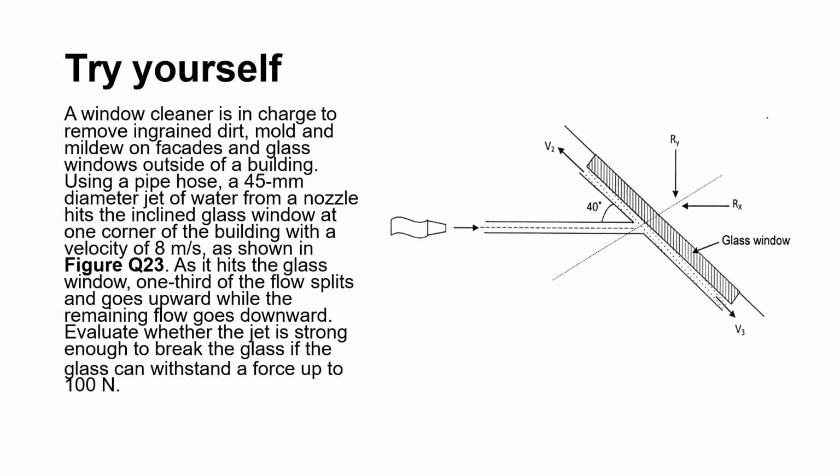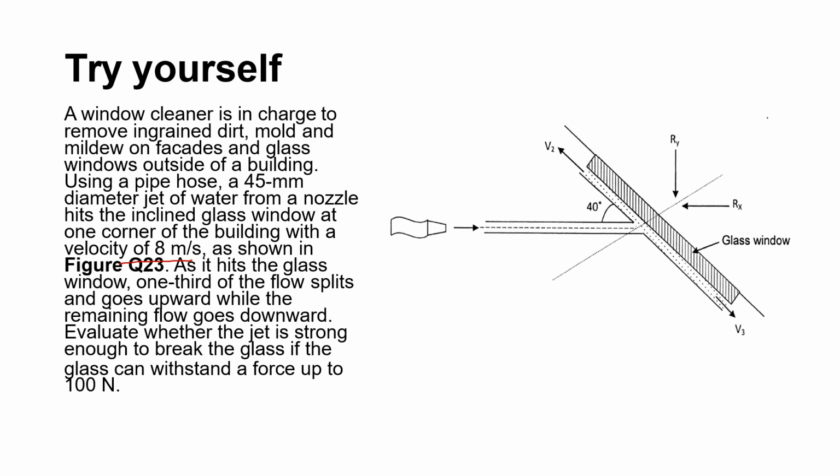Okay, and then this one also you need to try yourself. This is the window cleaner. The diameter is same, 45 degrees Celsius. The velocity is 8 meter per second, and then it hits the glass window. 1/3 of the flow splits and goes upward while the remaining goes downward.